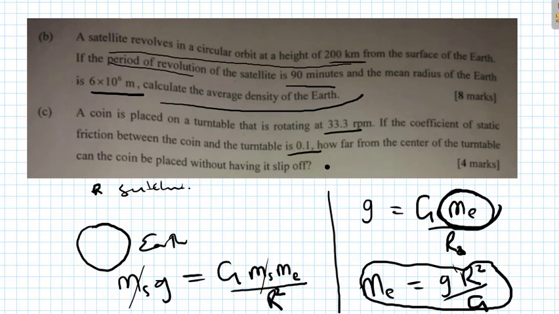So to answer this question, we know that omega is equal to this, where it is given in rev per minute. Now let's convert to radians per second.